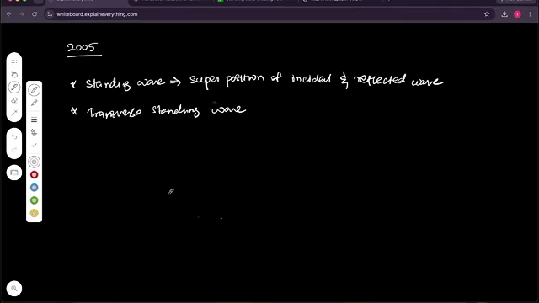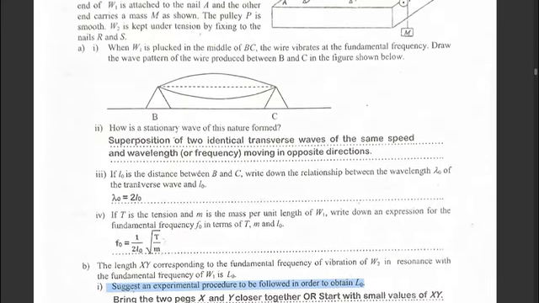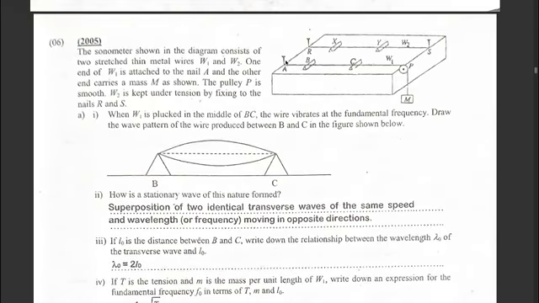Let's see what this question is. In this setup, we have two wires. We have wire ABC, then you have this wire between R and S. The usual sonometer setup is going to have a tuning fork in place of this wire BC.